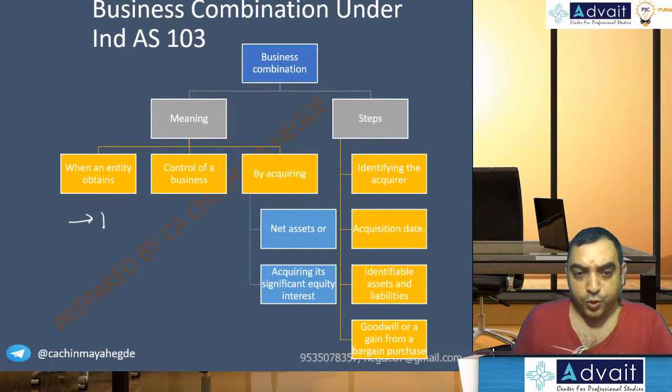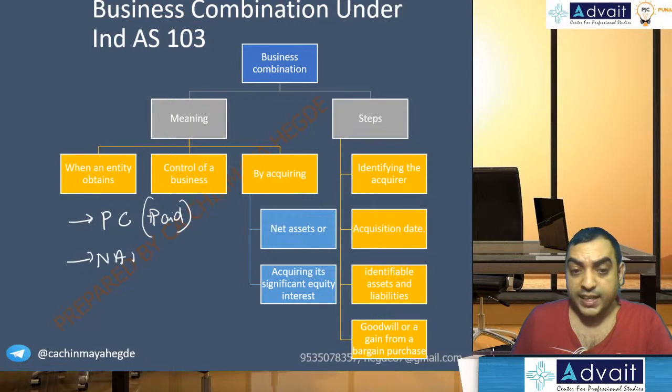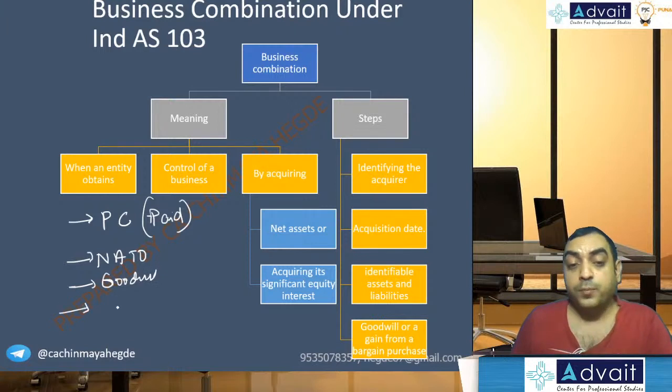First, you always compute purchase consideration, that is the amount paid in the form of cash or shares. Then you compute net identifiable assets, or I will say net assets taken over. The difference will be goodwill. And one more working note will be how PC is discharged.